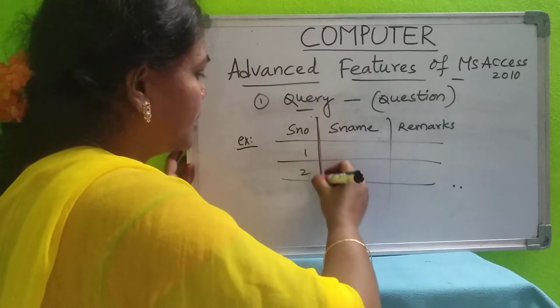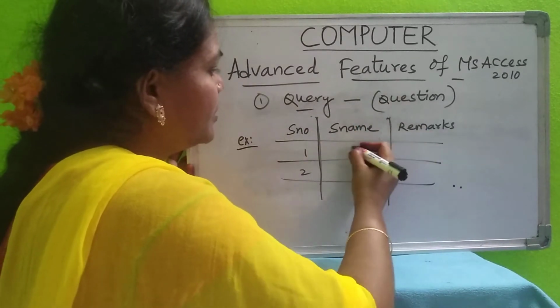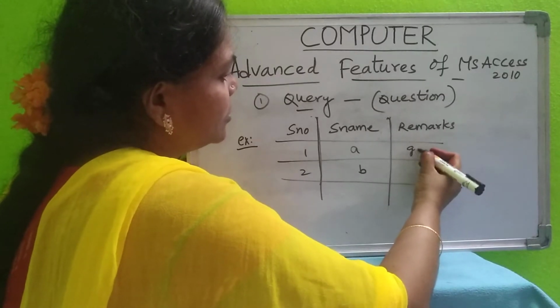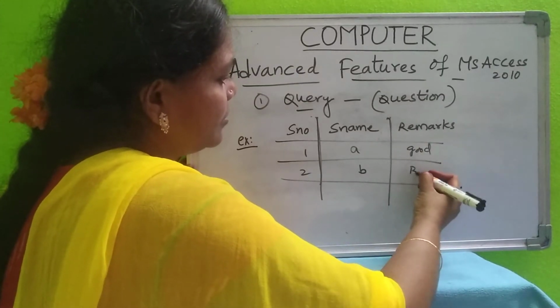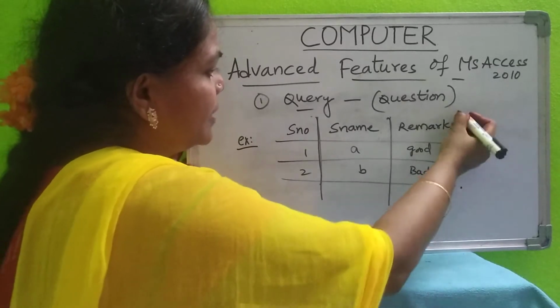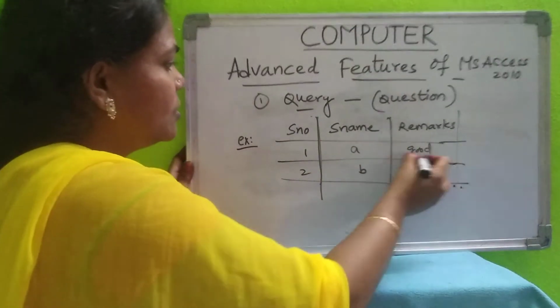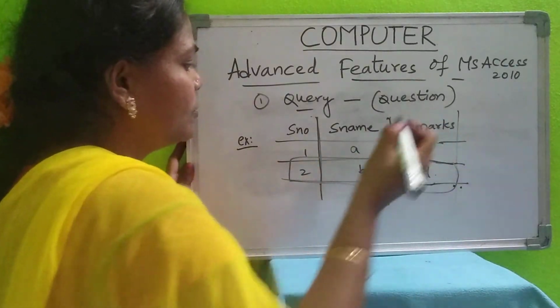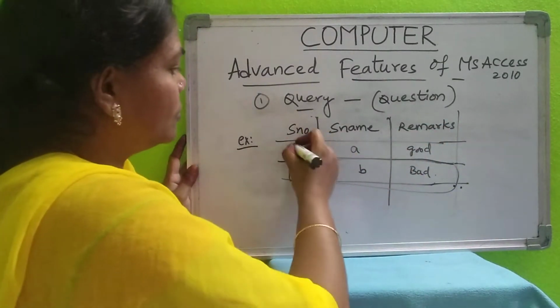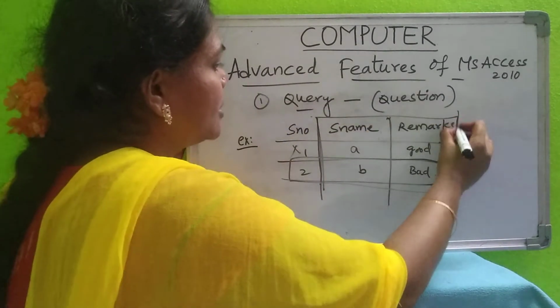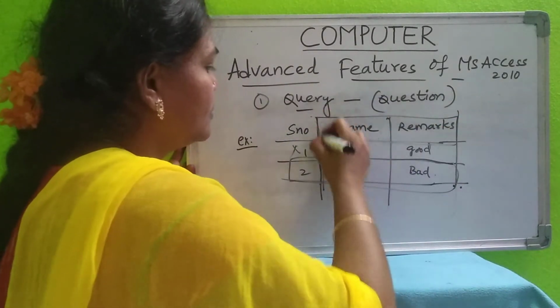Student name A, B. Some remarks like okay, good, bad; we can write different remarks. Suppose you want only these two records to display, and you don't want this one. Or you want only name and remarks, only these two columns.